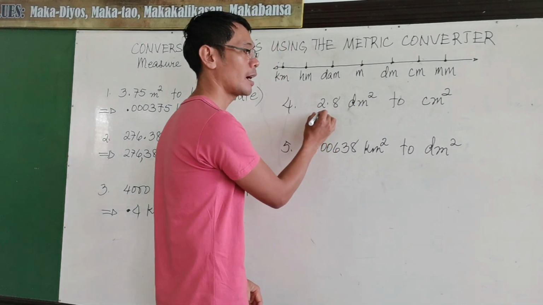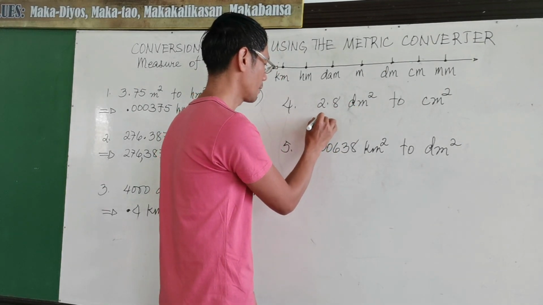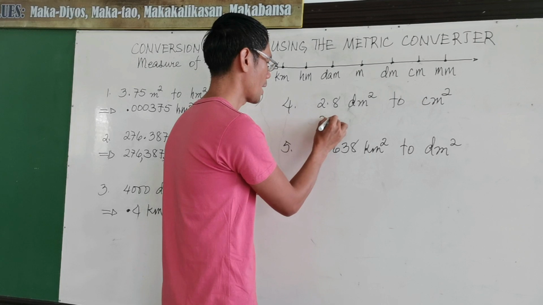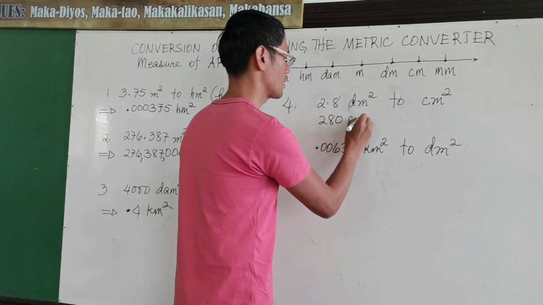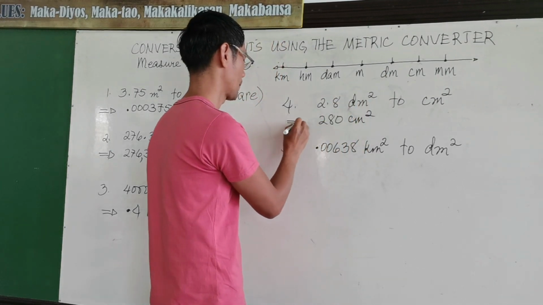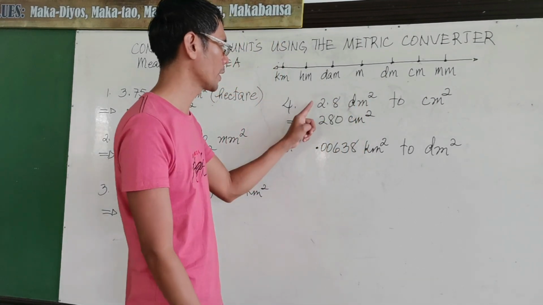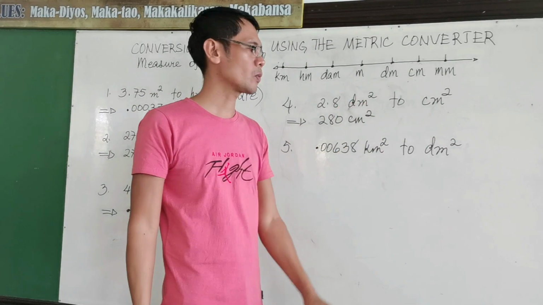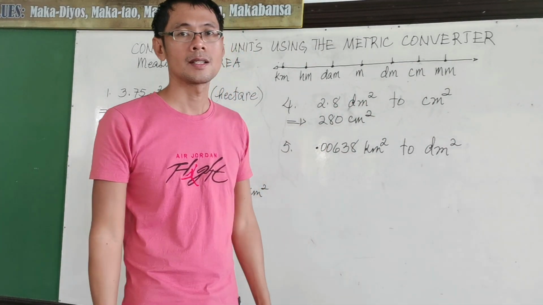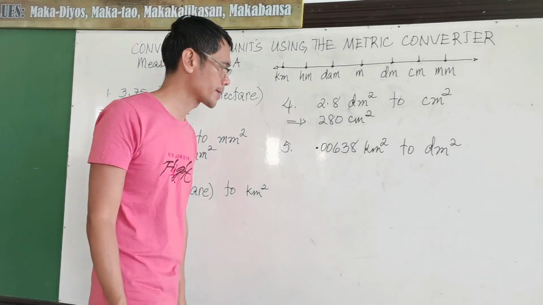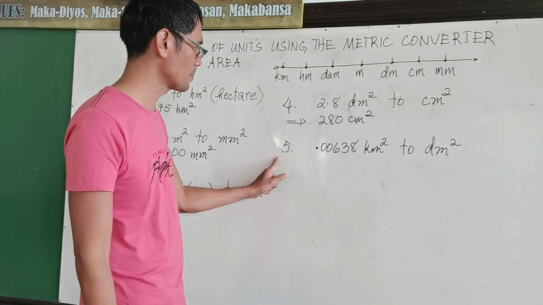So we add one 0. So we have 2, 8, then one 0. So we have centimeter square. Okay. So our 2.8 decimeter square is equal to 280 square centimeters.